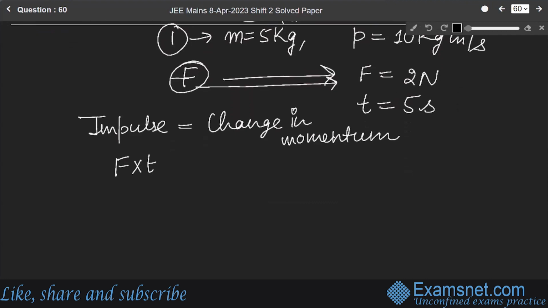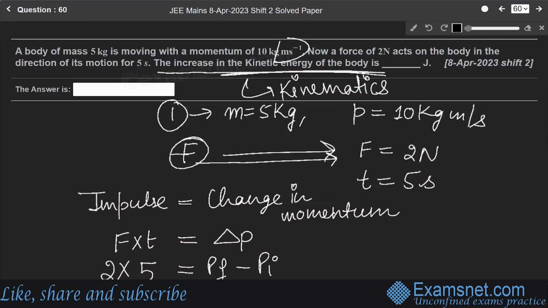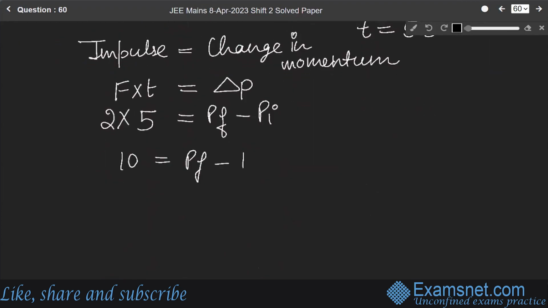So force into time equals change in momentum, delta P. Force is 2 Newton and it is acting for a time of 5 seconds. It will be the change in momentum, final momentum minus initial momentum. So 10 equals final momentum minus initial momentum. Initial momentum is what? 10 kg meter per second. So the final momentum is 20.